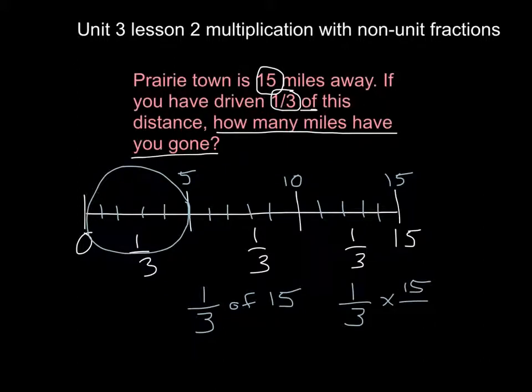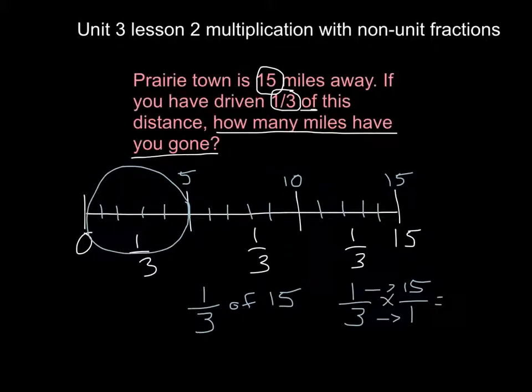I can't multiply by a whole number, so I'm going to turn that 15 into an improper fraction, and turning any whole number into an improper fraction is just as simple as putting a 1 underneath it, because 15 divided by 1 equals 15. And now I'm going to multiply straight across my numerators and my denominators.